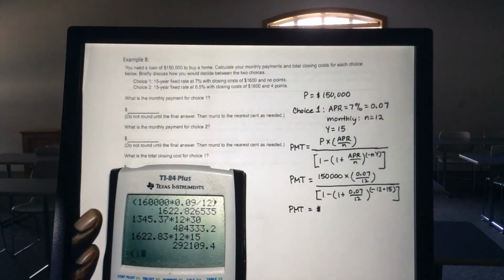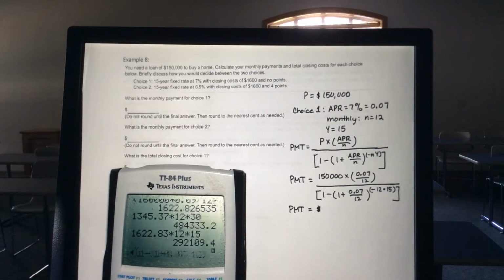So left parentheses 150,000 times 0.07 divided by 12, close parentheses, divided by left parentheses 1 minus left parentheses 1 plus 0.07 divided by 12, close parentheses, press the hat key, and then negative 12 times 15, right arrow, close parentheses, hit enter.